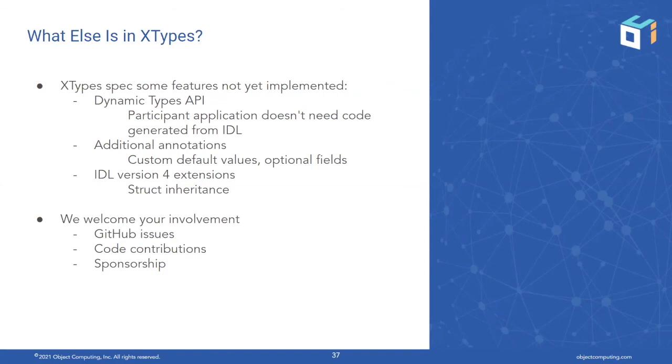One of the key ones there is struct inheritance, and that is something that we could also add to OpenDDS in the future. So of course, we welcome your involvement and participation in the OpenDDS project, whether that's through GitHub issues, through contributing code, and even through sponsorship.